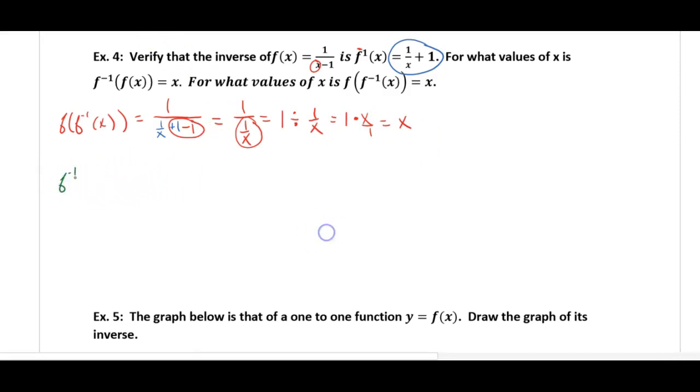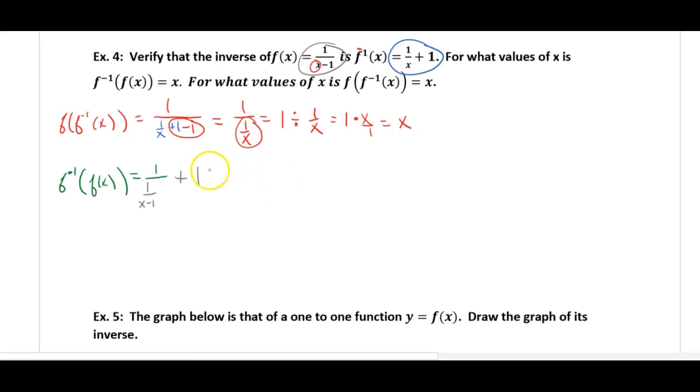But now I have to do f inverse of f of x to see if this works out. So now, if I look at it, that's going to be 1 over, everywhere I see an x here, I'm going to kick it out and replace it with this 1 over x minus 1. But then I still have that plus 1 on the outside here. Okay?